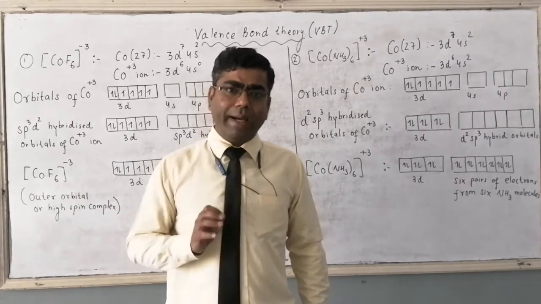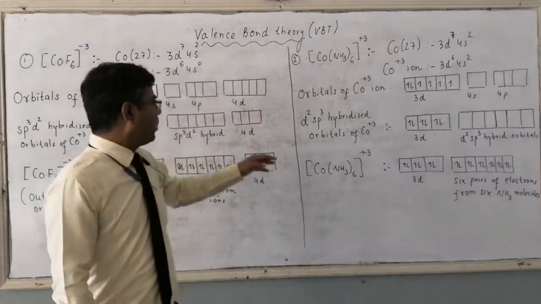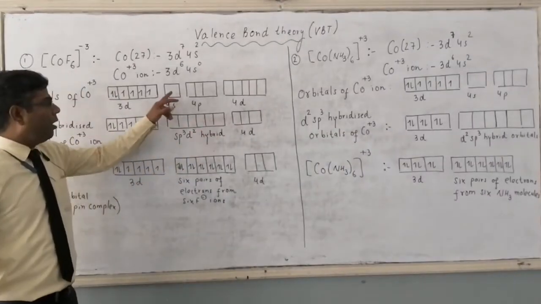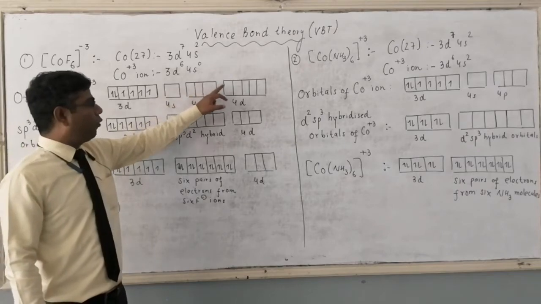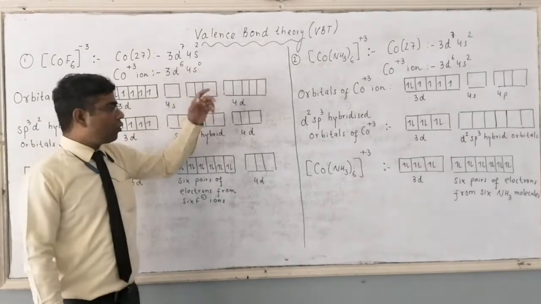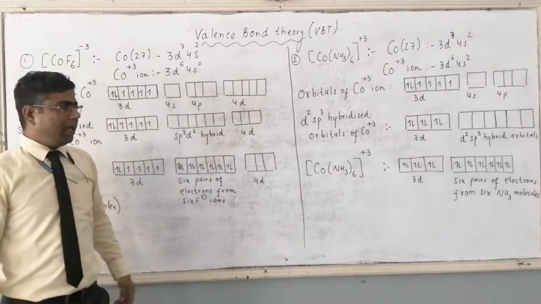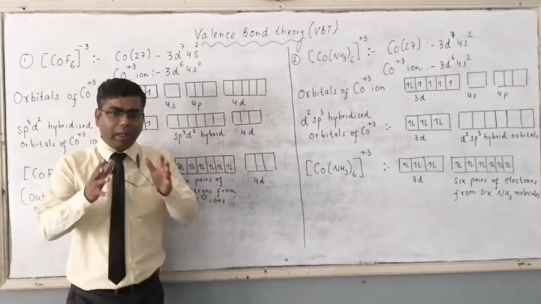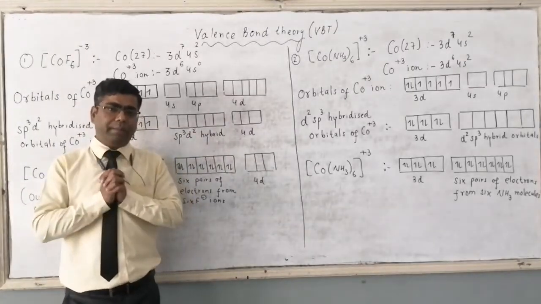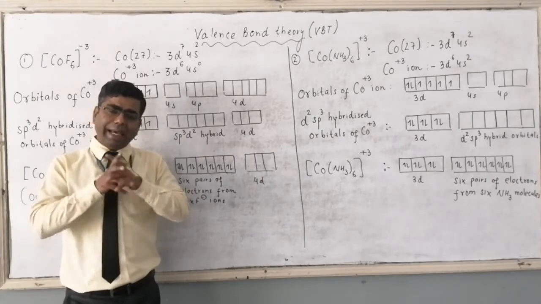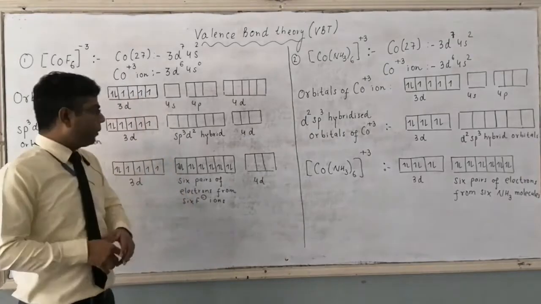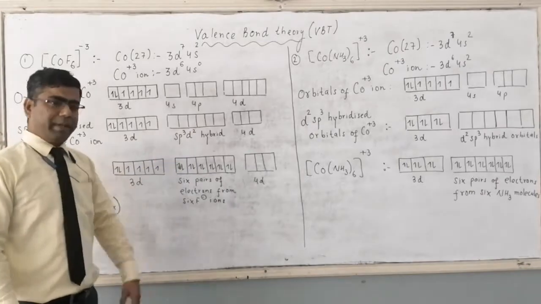So in total we require 6 vacant orbitals. Here we have 6 vacant orbitals: 1, 2, 3, 4, 5, 6. So 1 from 4s, 3 from 4p and 2 from 4d will undergo intermixing of energy, as a result of which we obtain 6 hybrid orbitals.